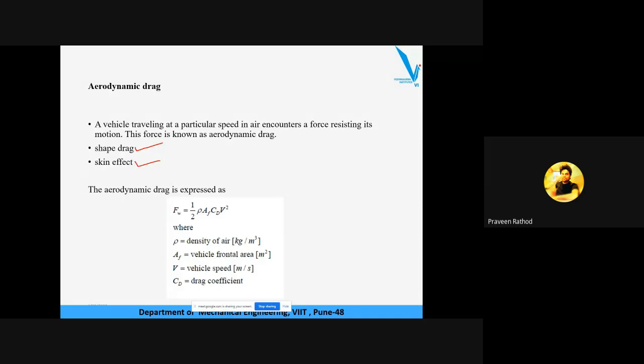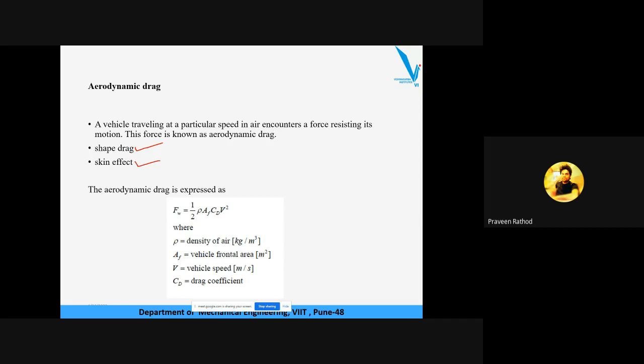Behind the vehicle, air cannot instantaneously fill the space left by the forward motion of the vehicle. Also, the high pressure zone in front of the vehicle opposes the motion of the vehicle. Matlab it resists the vehicle to move in the forward direction if the shape is not properly designed.